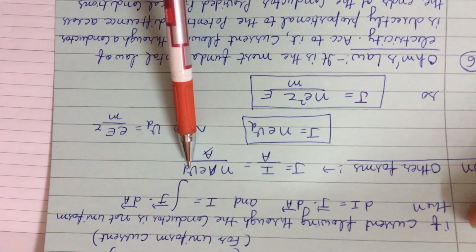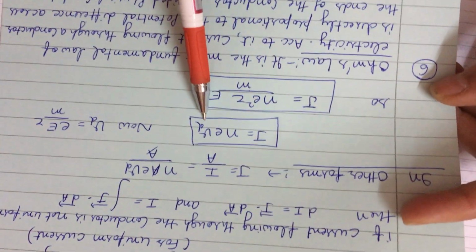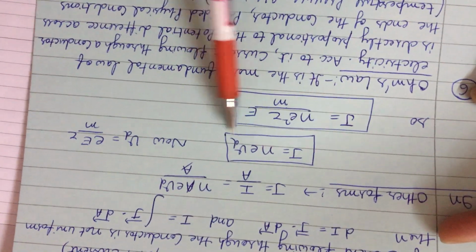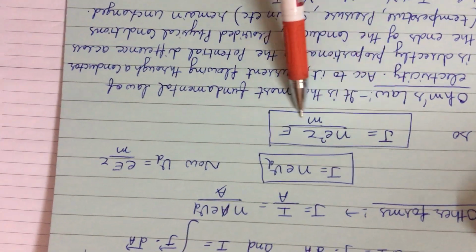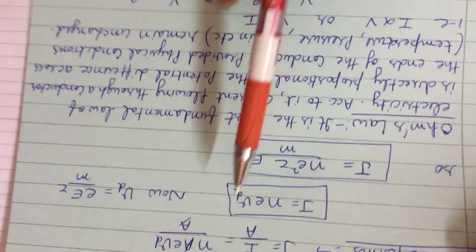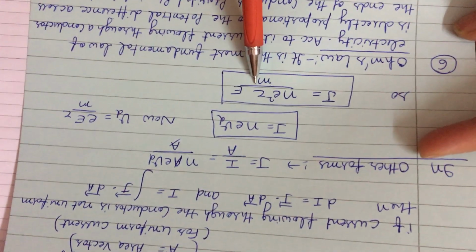This is the relation between drift velocity and current density. And if we put the drift velocity eEτ over m, then we get a new form of current density. So in this chapter we have a number of formulas which are related with each other.